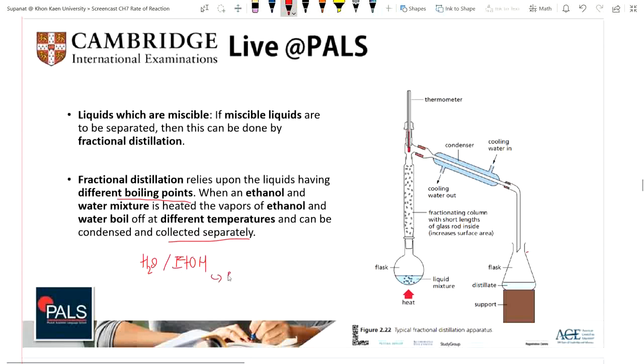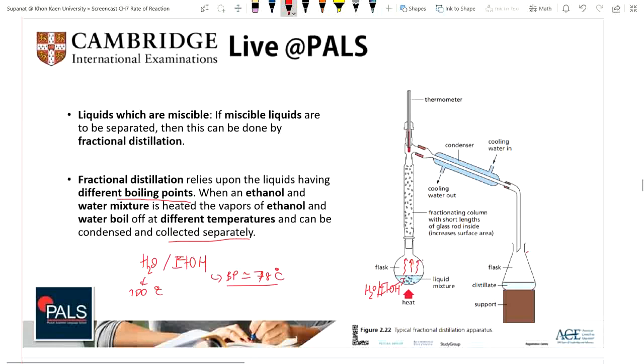The boiling point of ethanol is around 78 Celsius, and the water is around, let's say, 100 Celsius. Which means when we heat the liquid mixture of water and ethanol, the ethanol will boil and turn into vapor faster than the water.